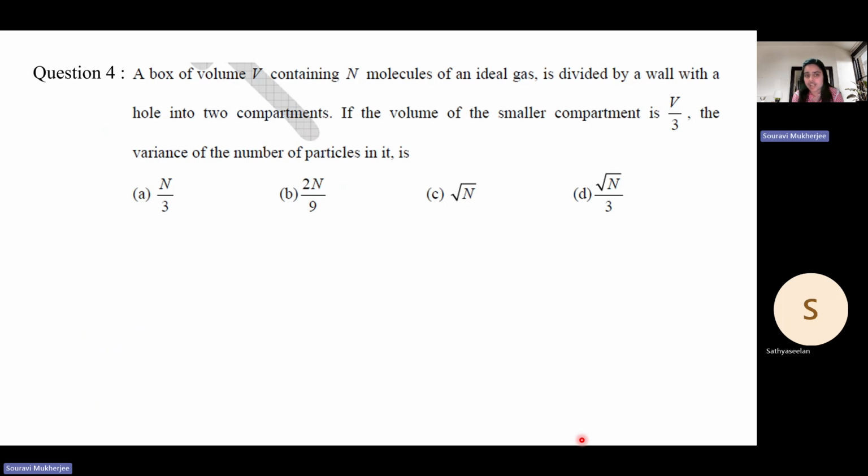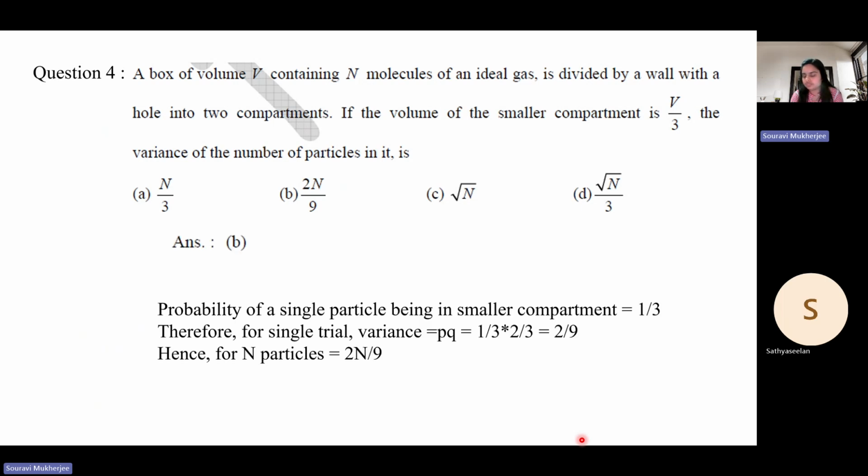Now the question asks, what is the variance of the number of particles, right? So now you have to use the very idea of the binomial distribution in a way. The probability of a single particle being in the smaller compartment is one third. So that means P is one third. So what is Q?